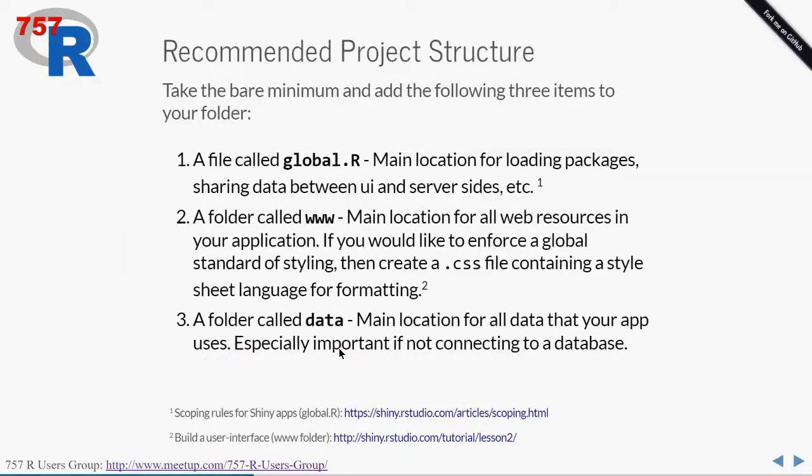If you think about what you really should do, what I recommend is to take that bare minimum and then add the following three things. One is a file called global.r. It could be a location for you to load packages and share data that need to be referenced on the client side and on the server side. So let's say on the client side you have a drop-down list, and the drop-down list has the days of the week in it: Monday, Tuesday, Wednesday, Thursday, Friday.